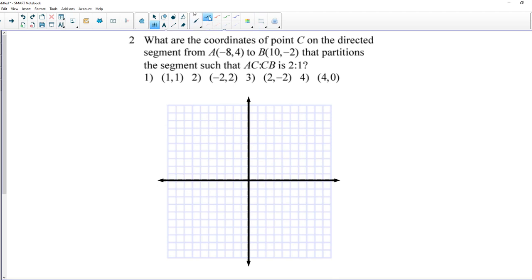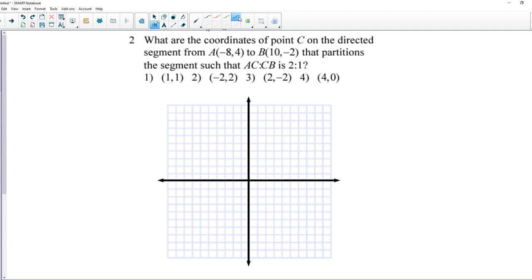Here it says, what are the coordinates of point C on the directed segment from A (-8, 4) to B (10, -2) that partitions the segment such that AC to CB is 2 to 1? Okay? If we started out the same way, well, actually, I'm going to do something first here.